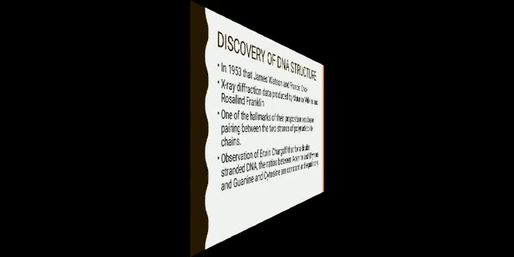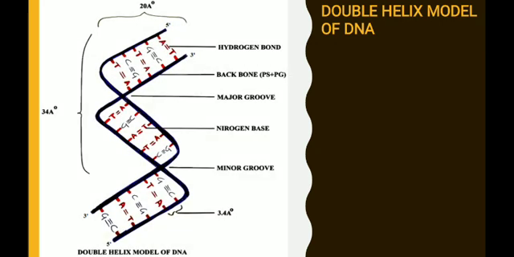Now let me explain the structure of DNA, particularly the double helix model of DNA. Let me draw the diagram. Yes, so this is a diagram of a double helix model of DNA, the simplified diagram. I can see the two strands of DNA, and the two strands are paired together by a bond, particularly known as hydrogen bonds.